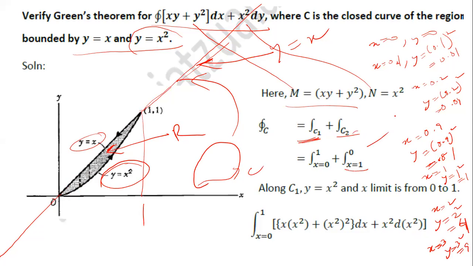Along C1 the equation of the curve is y equal to x squared, and the x limit goes from 0 to 1. So for M, in place of y you just put x squared. Your dy in this case, with y equal to x squared, will be 2x dx.